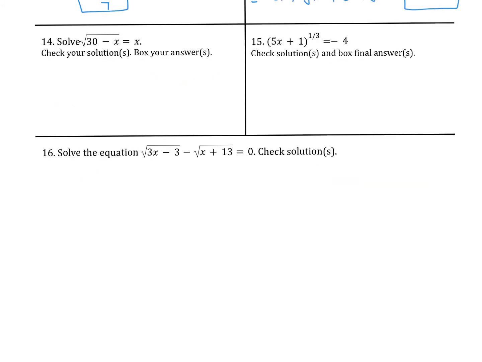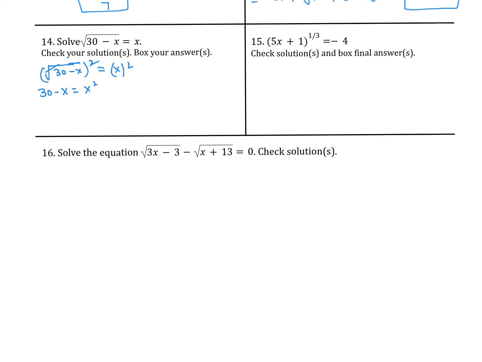Next is question number 14, where we're going to solve for x and check the solution. To solve square root of 30 minus x equals x, we need to remove the square root, so we take the square on both sides. 30 minus x equals x squared.